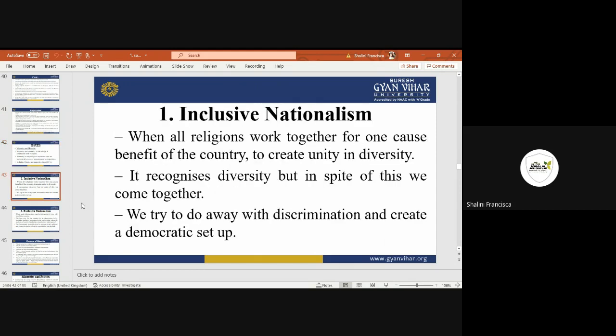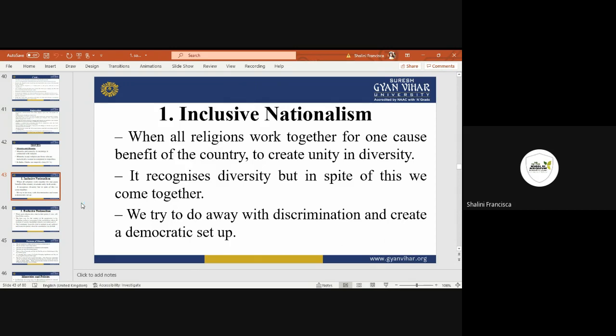Inclusive nationalism. When all religions work together for one cause, the benefit of the country, to create unity in diversity, that is called nationalism. It recognizes diversity, but in spite of this, we come together.